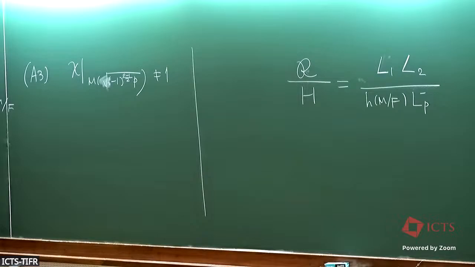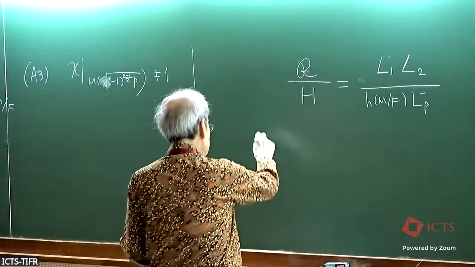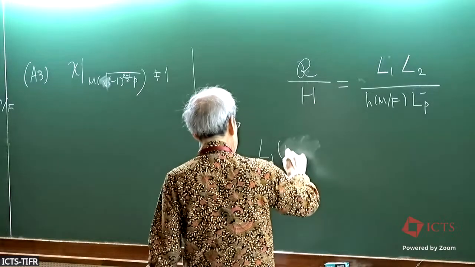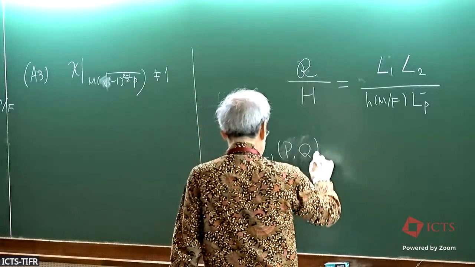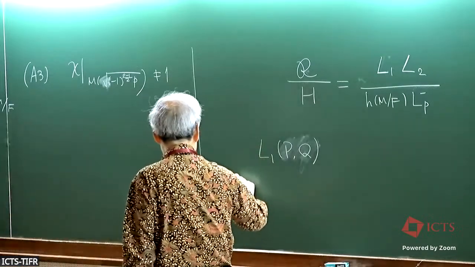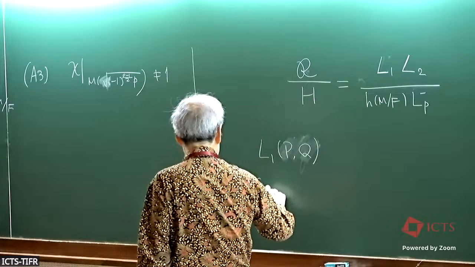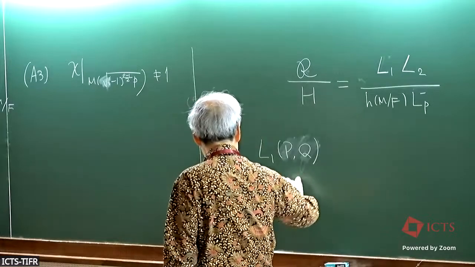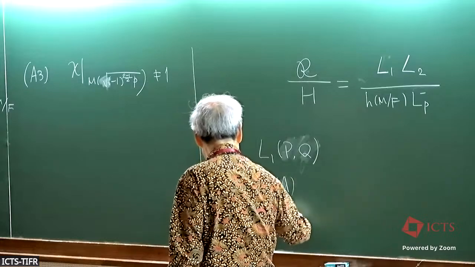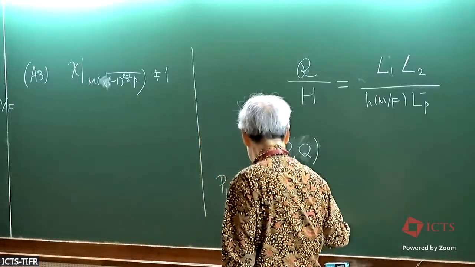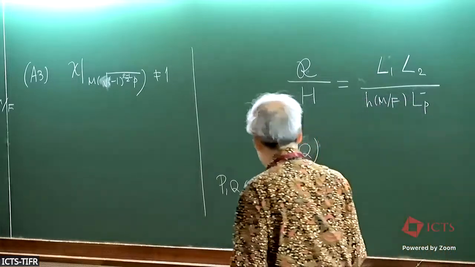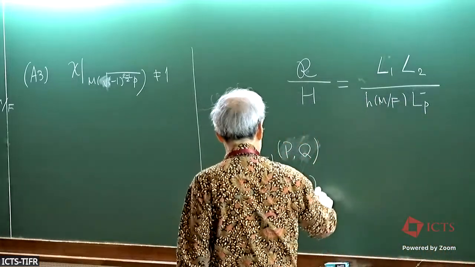And L1 is basically the Katz's periodic, so it's a 2 variable actually. PQ is now in spectrum of lambda. Lambda is W double bracket gamma. Okay, so this is your submodule.